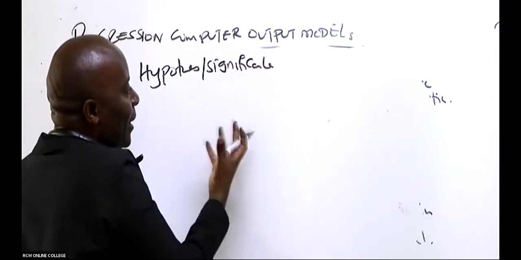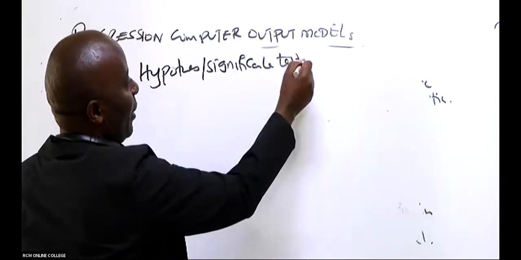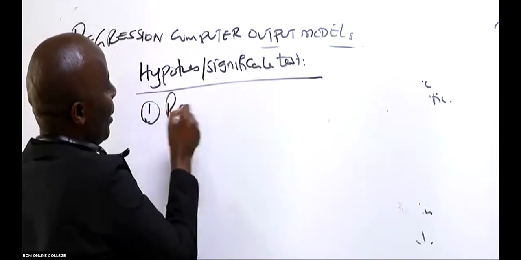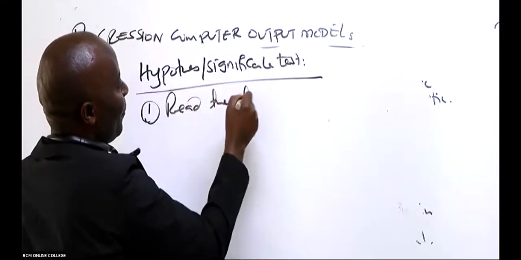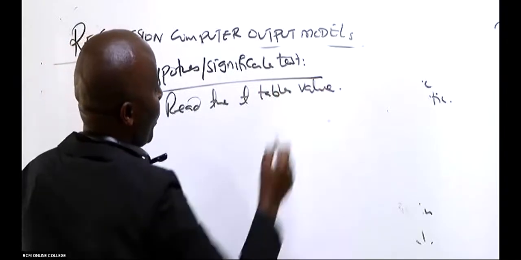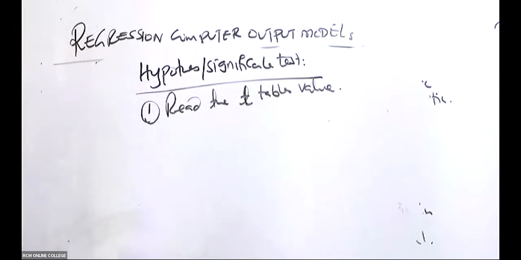How significant is this variable? Number one, read the T table value. You read the T table value first.